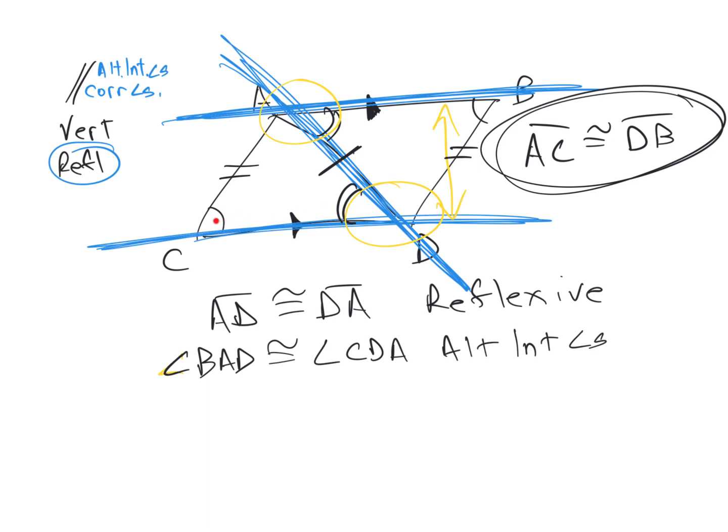You could have said angle, angle, side that way. So either way, the next thing is angle, angle, side. Wait, so hang on. Where did that come from? The AC and DB. That was given. Oh. That was when I first wrote the problem. They hadn't marked it yet. So you've got to be careful that you look at your givens and make sure it's marked. Okay. All right. Angle, angle, side.